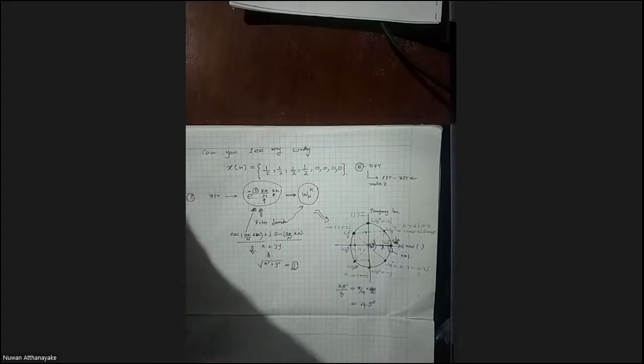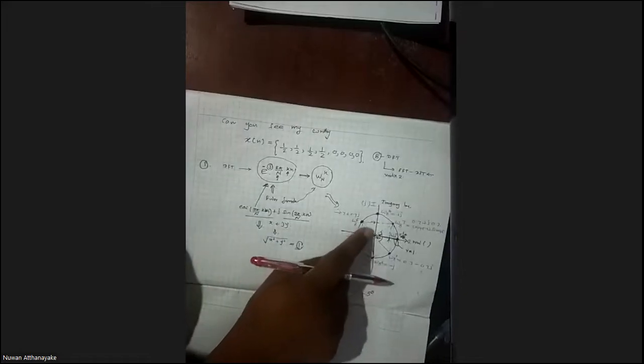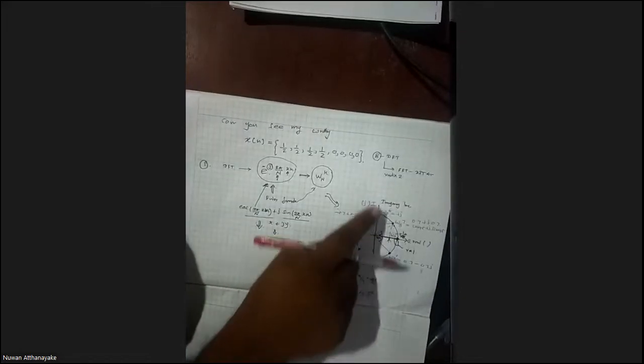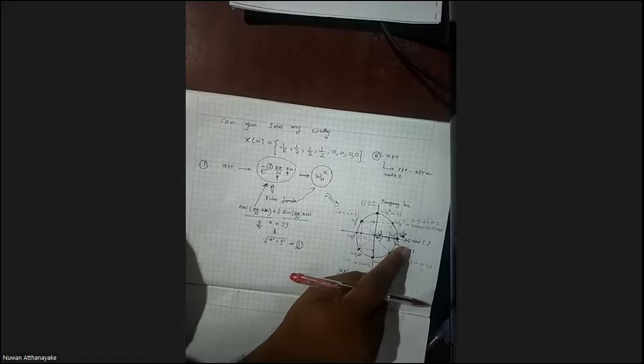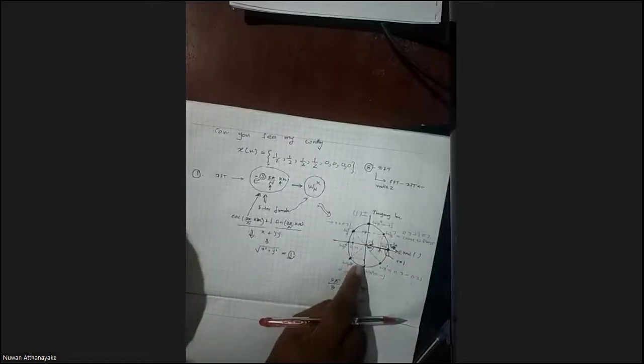Normally that is the fixed question for an exam. So most probably you will have to find the 8-point DFT, and you can remember this one. If it is 4-point, you will only need this one, this one, this one, and this one.